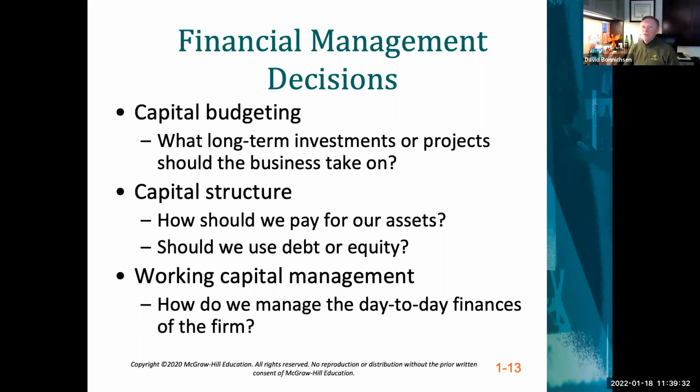Okay, but what's the most efficient way of accessing the debt markets? Should we have this balance between taking out debt versus taking out equity? Do we issue more stock, right? We can bring value into the firm. We can generate money for the firm, right, by issuing more stock into the market. Okay.